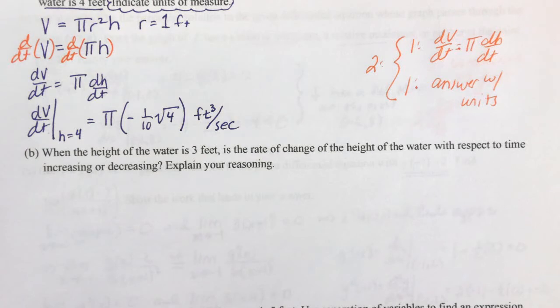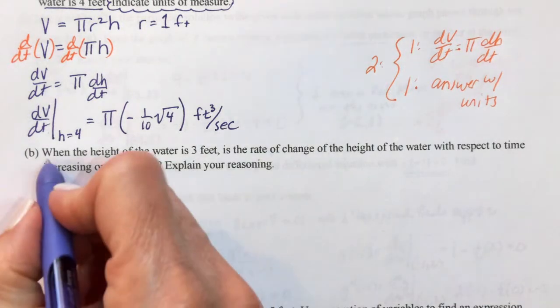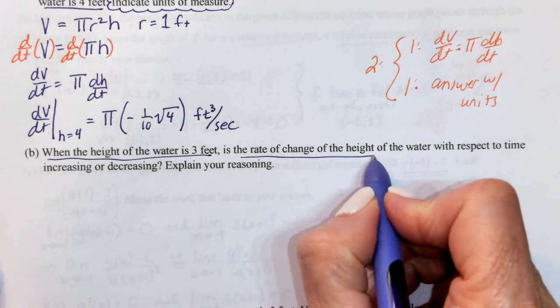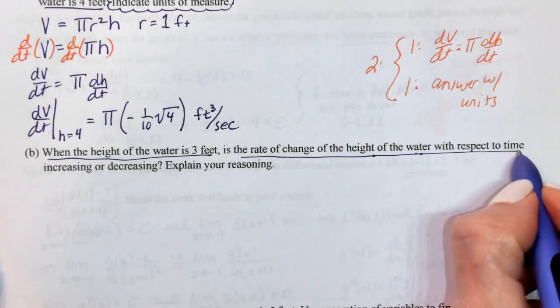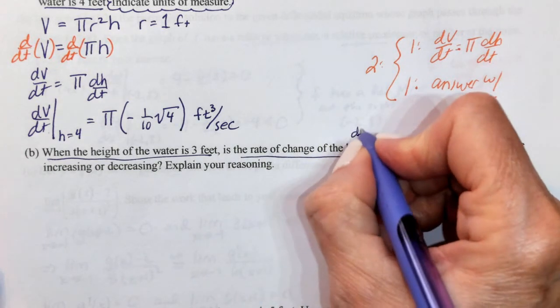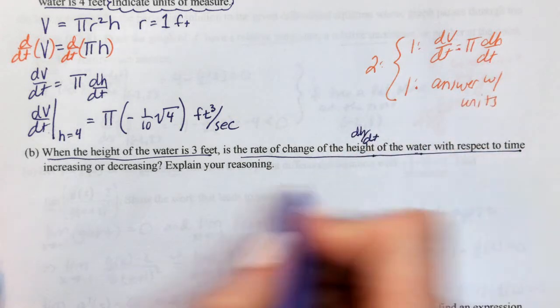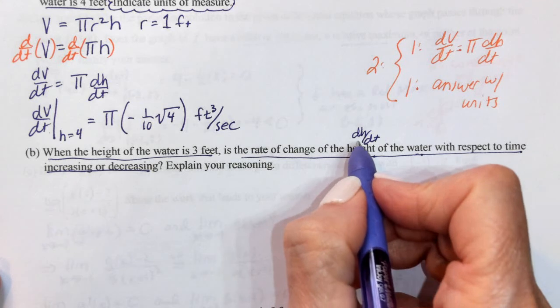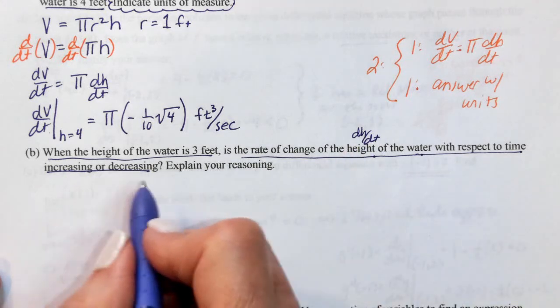All right, part B. When the height of the water is 3 feet, is the rate of change of the height of the water with respect to time, that would be my dh dt, increasing or decreasing? So is dh dt increasing or decreasing?